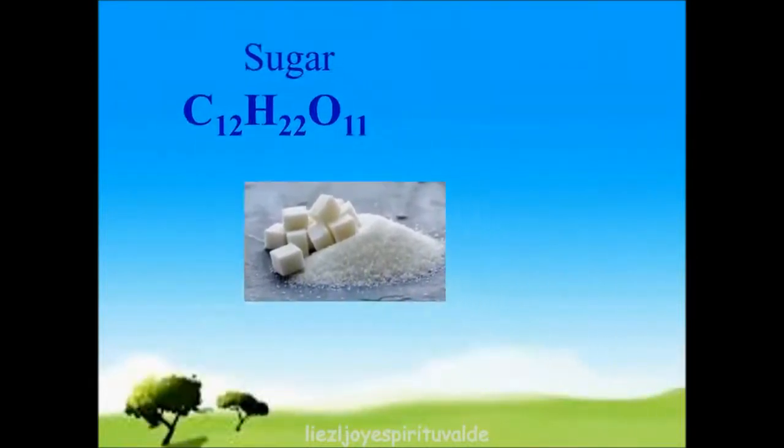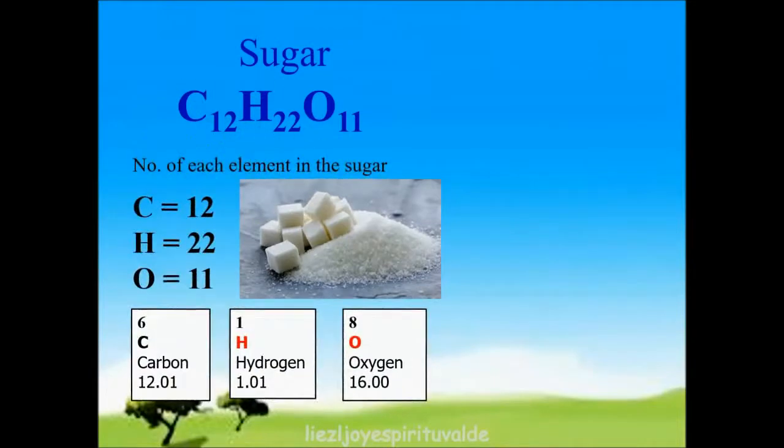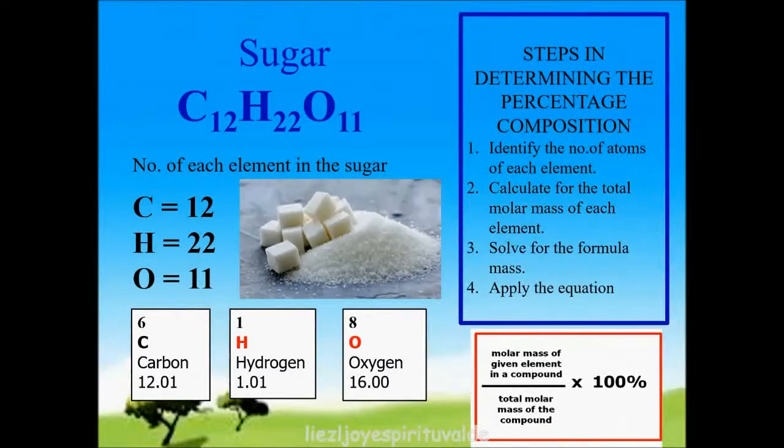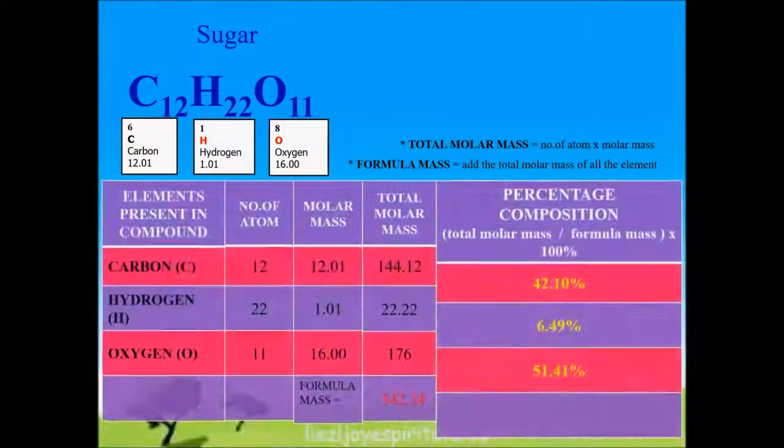Let's have another example. The chemical formula for sugar is C12H22O11. Using the following information for sugar, let's apply the given steps to determine its percentage composition. This time, we will use the table form.